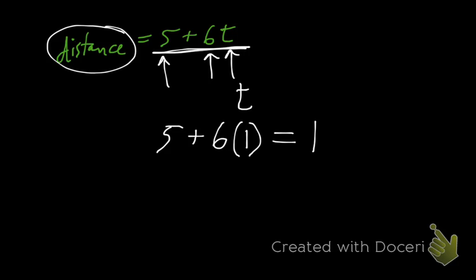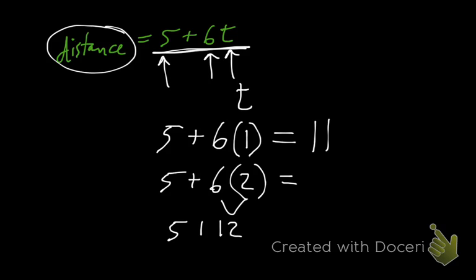So 5 plus 6 would be 11 miles total. If you go 2 hours at 6 miles an hour, then you'd stick a 2 in there for the variable. Order of operations says to do the 6 times 2 first, because this is multiplication. 6 times 2 is 12. So 5 plus 12 is 17. That would be your total distance.